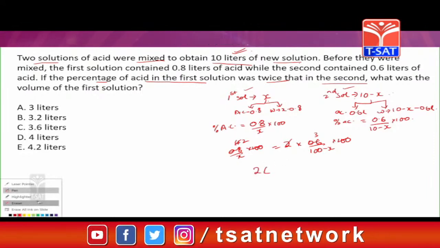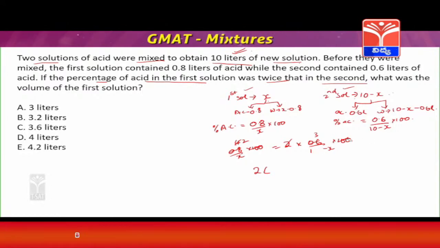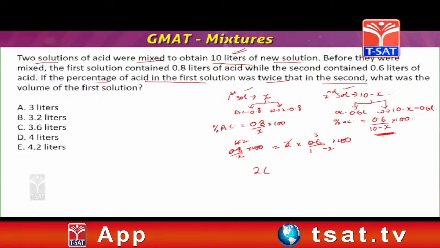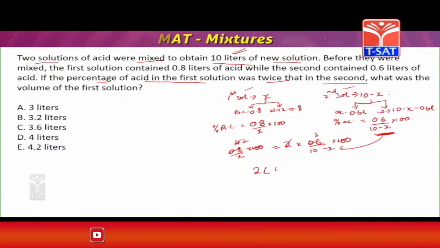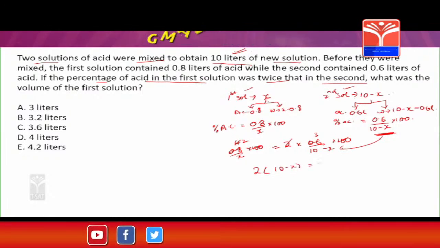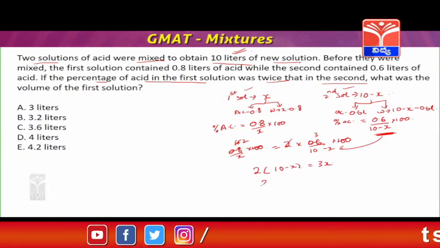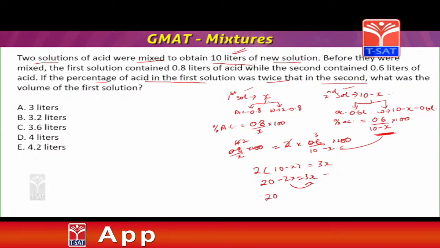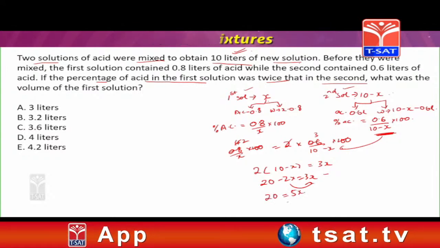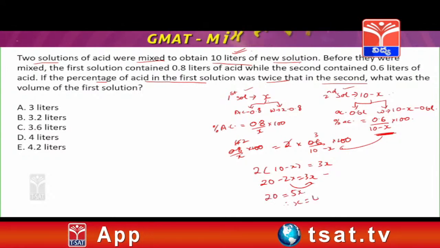I miswrote that earlier, it is 10 minus x, not 100 minus x. So 2 into 10 minus x is equal to 3x, which means 20 minus 2x is equal to 3x. Taking 2x to the other side, you will have 20 is equal to 5x. Therefore, x will be equal to 4.